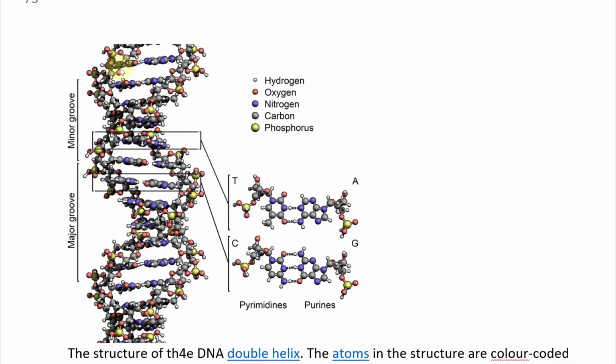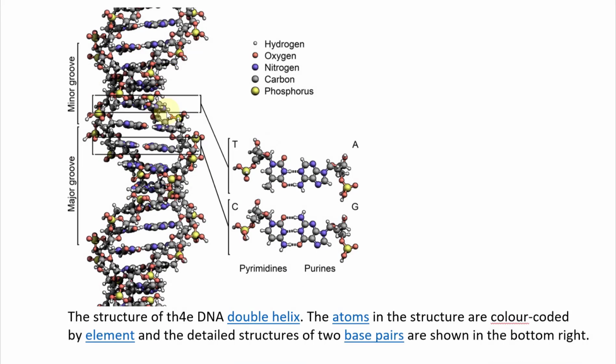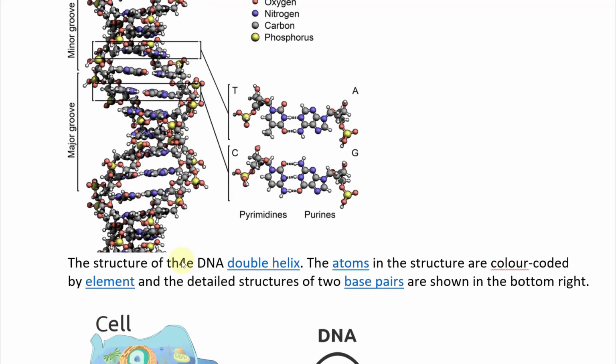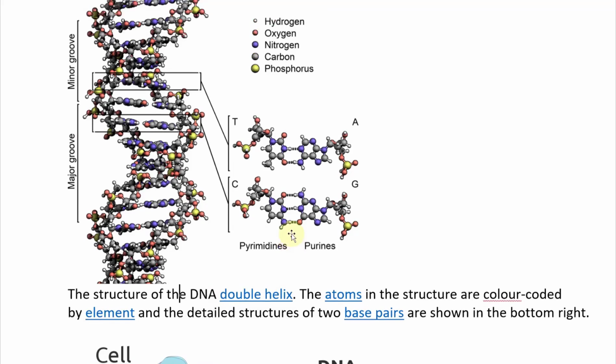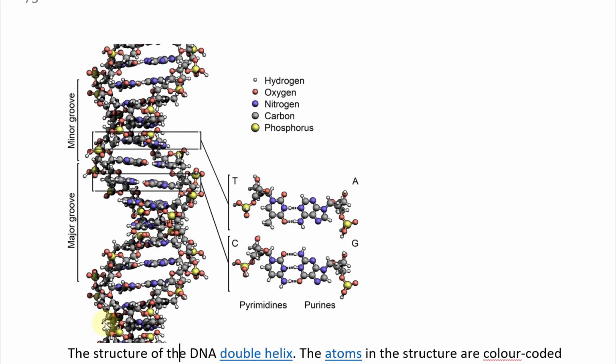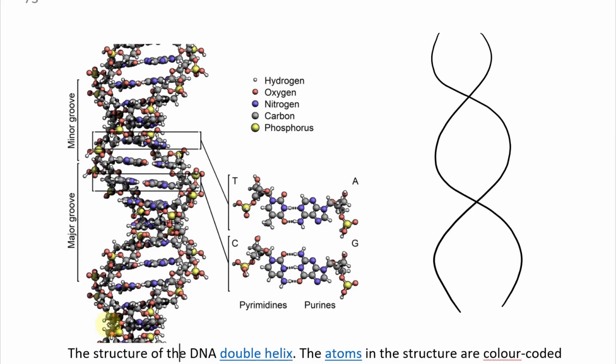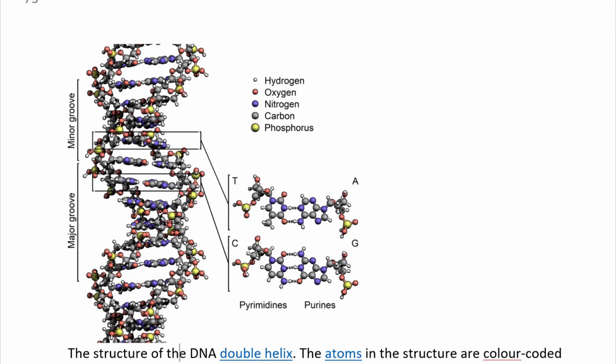Now look at the more detailed view of the DNA double helix. It's a double helix, so you can see there's 2 curves there. You'll have one like this, and then the second one comes in like that, and you'll have a double helix in 3 dimensions. And that is how it looks.